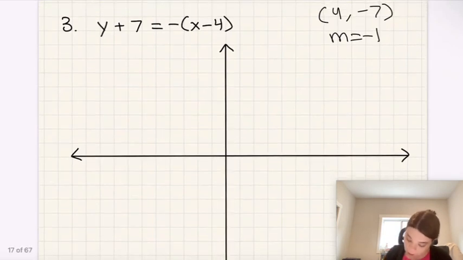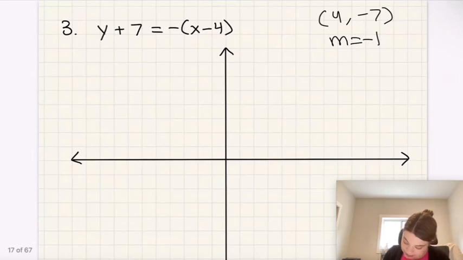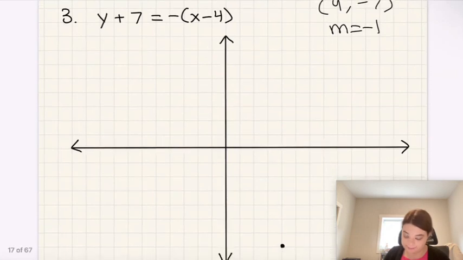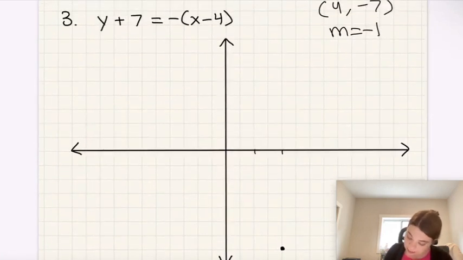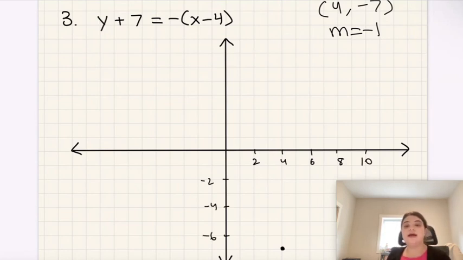Okay, so that means we're going to start with our point of 4, -7. So that's going to be way down there. And I'll label a few points on my graph as well. All right, and then our slope is -1.